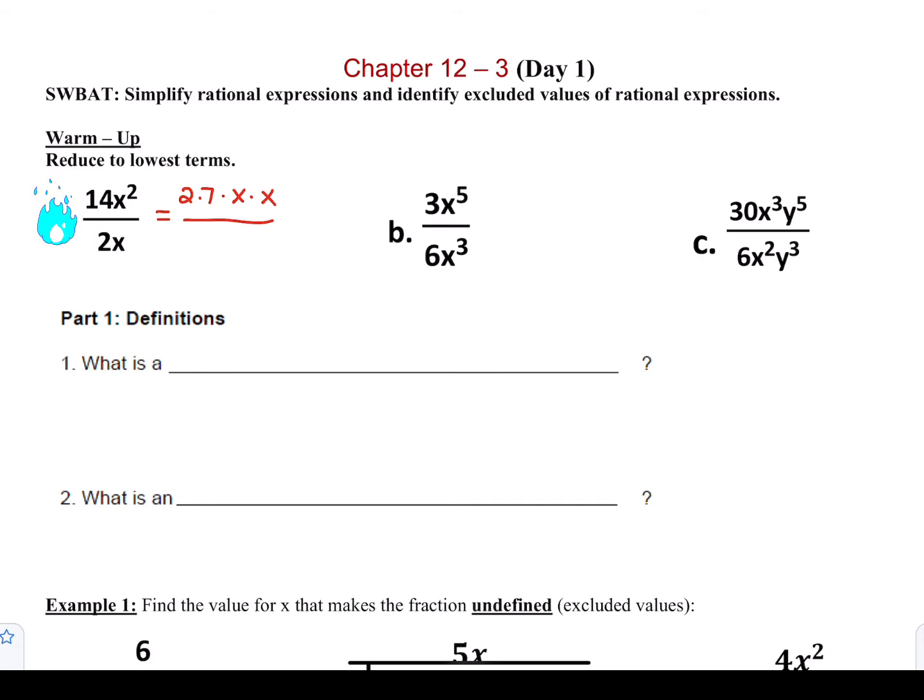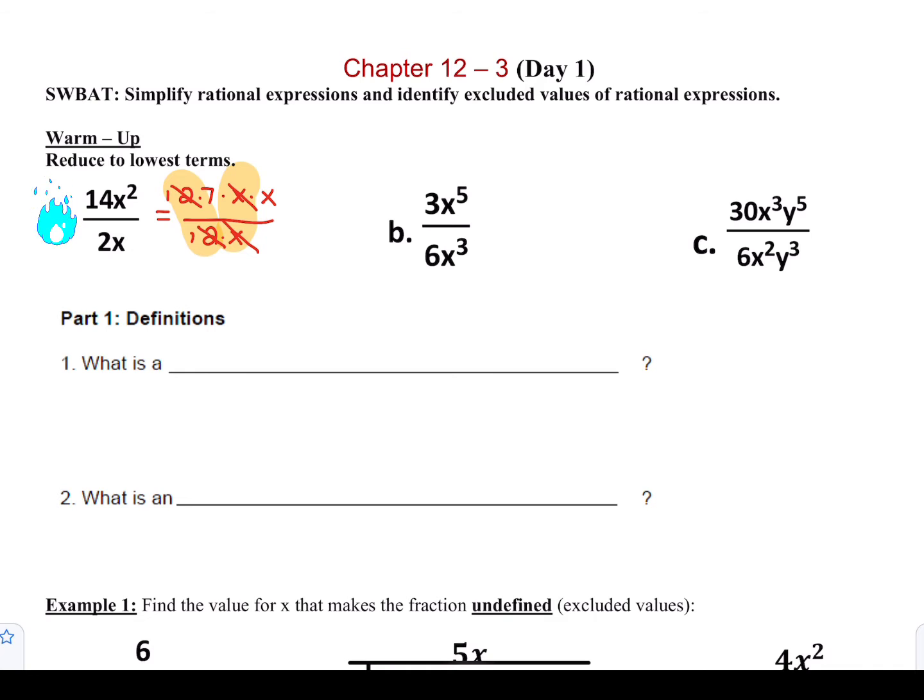Next, there's nothing to break down on the denominator end, so just 2 times x. Now focusing on the things that are in common, we have a pair of 2's and a pair of x's. So we could cancel those out because there's one on the top and one on the bottom. Anything divided by itself is always equal to 1, and that goes for variables as well.